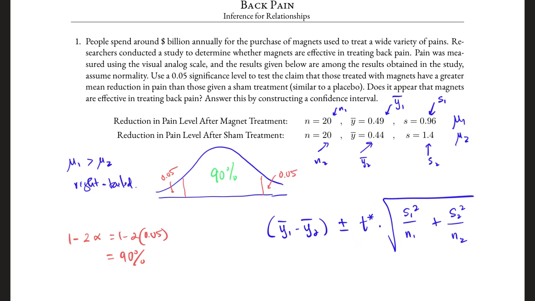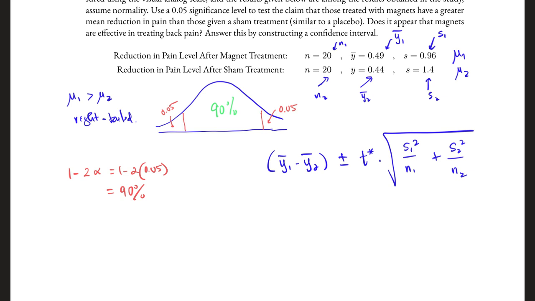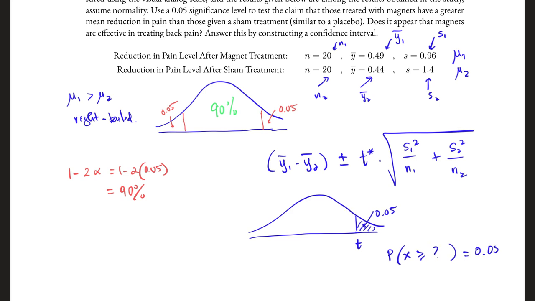To find the critical value t, we can use either the t-table or the t-calculator. Using a t-calculator, since the area on the right-hand side is 0.05, we're looking for the corresponding t so that P of x greater than that t value is 0.05, but also we would need to use the degrees of freedom to be 19 because it is one less than the smaller sample size.